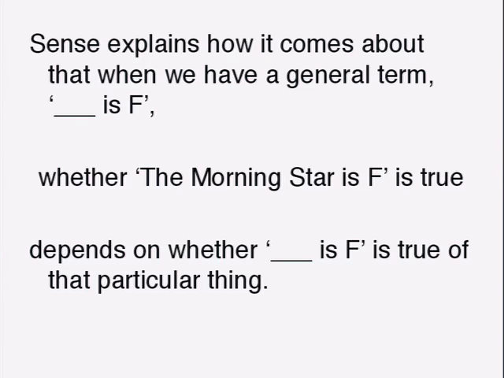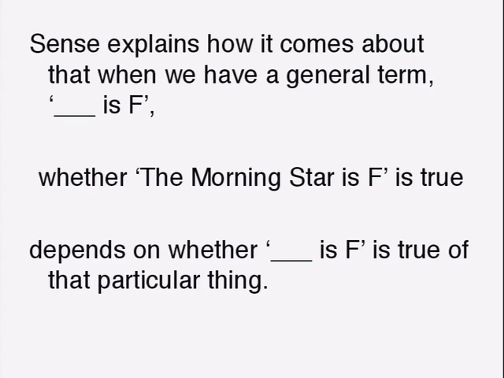When you have a sentence, take the general term, is tall or shiny or whatever it is. Then, if you get a sentence, the morning star is shining brightly, whether that's true is going to depend on whether that general term, is shining brightly, is true of that object.